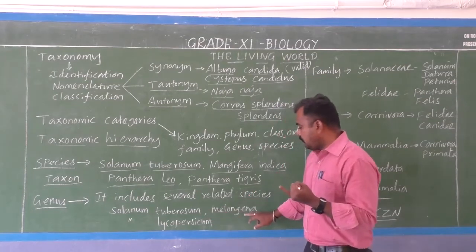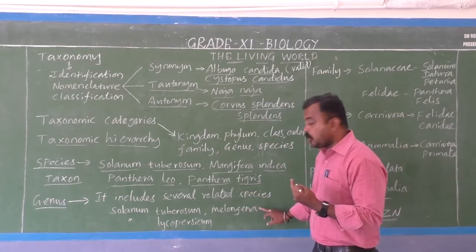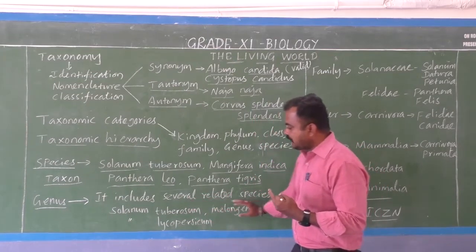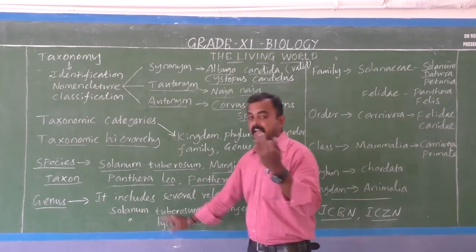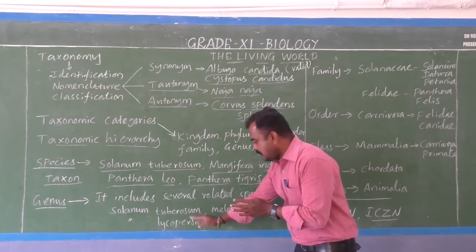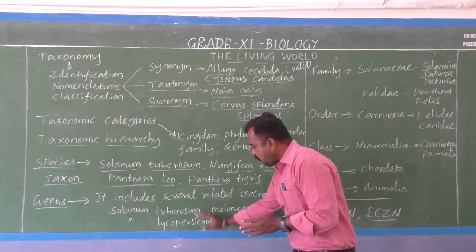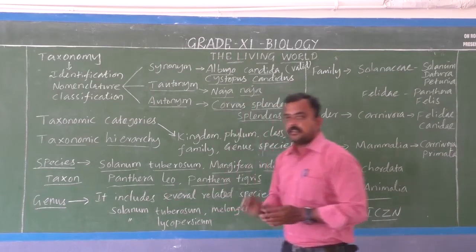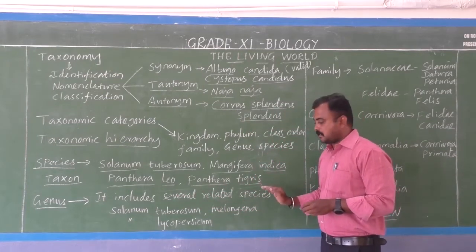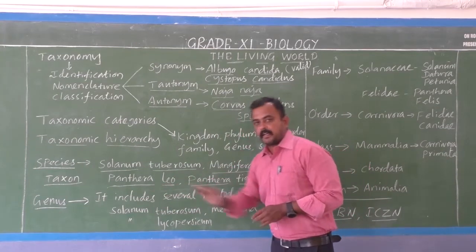Tuberosum is potato, lycopersicum is tomato, melongena is brinjal. All of them come under only one genus, that is Solanum. Solanum is the genus name. These three have some common characters. That's why these species are included in Solanum. So it includes several related species.